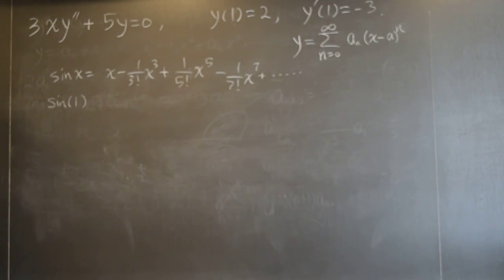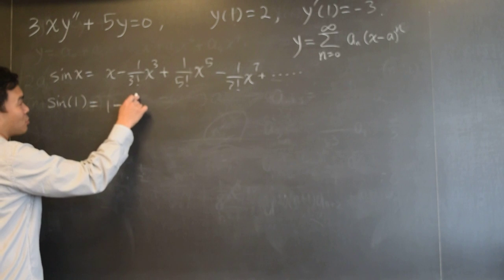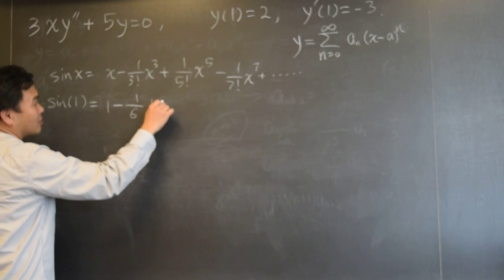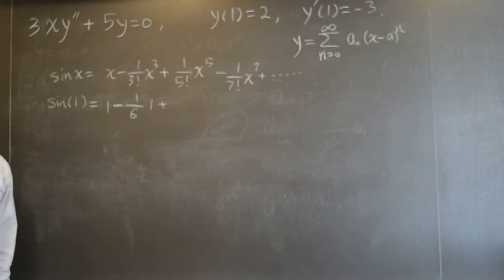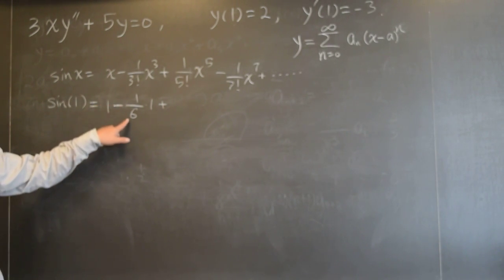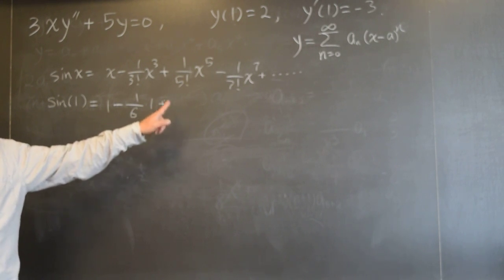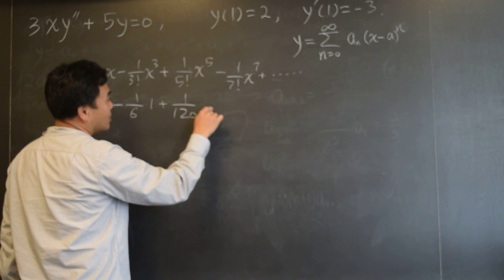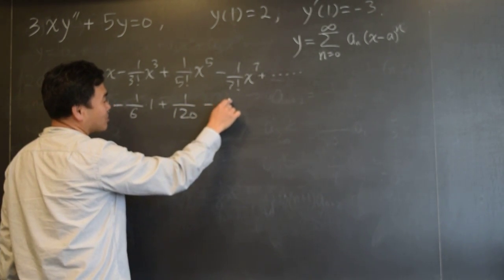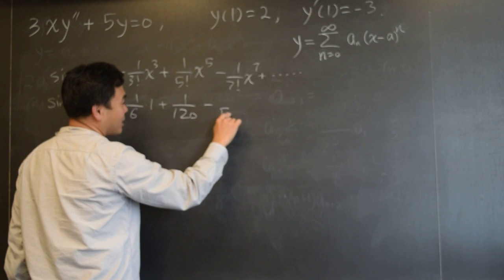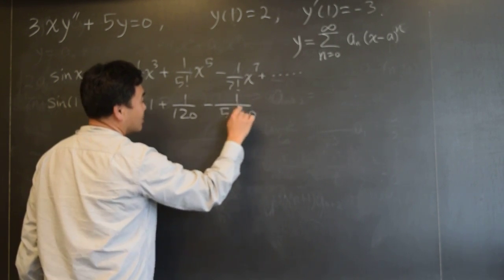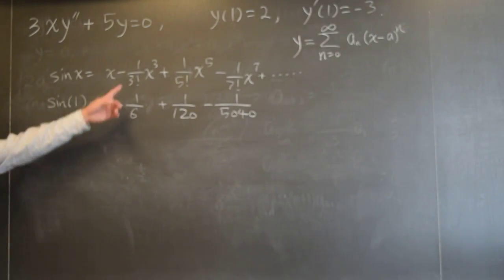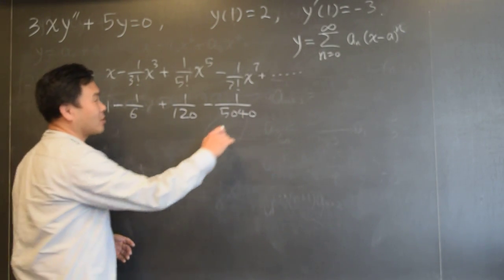And sine of 1 would mean it's 1 minus 1 over 3 factorial, which is 6, plus 1 over 5 factorial, what's 5 factorial? 24 times 5, 120. And minus 1 over 5040, I think. Yeah. And then times 1. So if you plug in 1, it's just 1, so you get that.